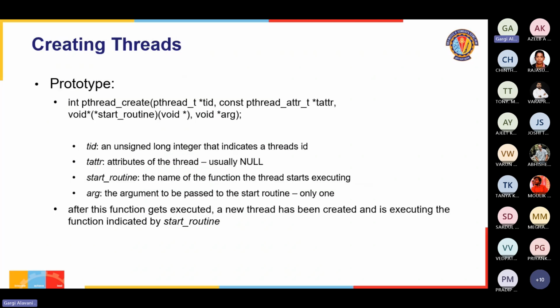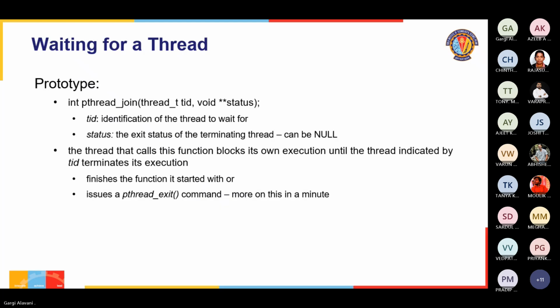We saw this function where we create a pthread by providing it an ID, any attributes, the start function that the thread will execute, and any arguments you want to pass to this start routine. We also saw the pthread join, which waits for the thread you created to complete its task and then join the main thread.